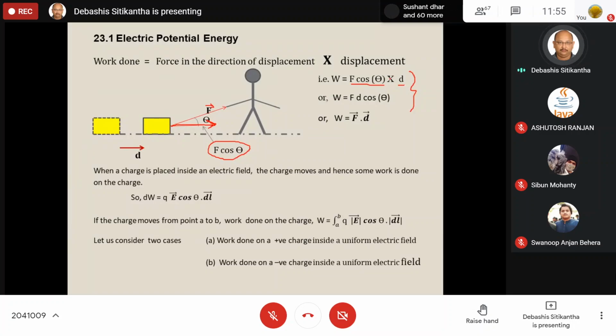So ultimately with some rearrangement we can say W is equal to F d cos theta. Now this is a very familiar term, and as force and displacement are two vector quantities, your work done is going to be the scalar or dot product of force and displacement.